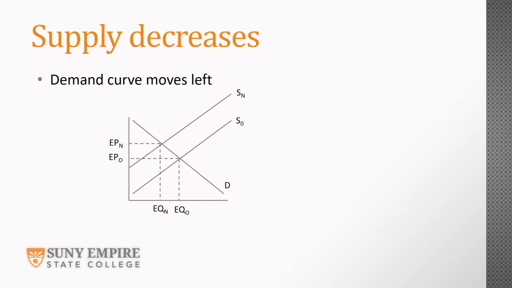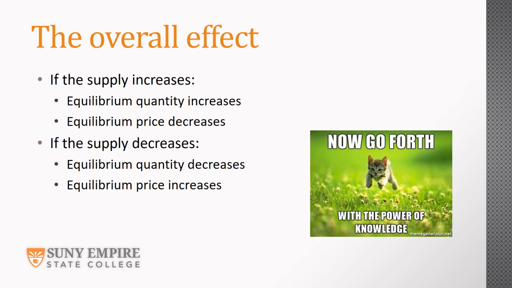Because the supply decreases with the same demand, the equilibrium price will increase. And because the supply decreases, oddly enough, the equilibrium quantity also decreases. So let's summarize.